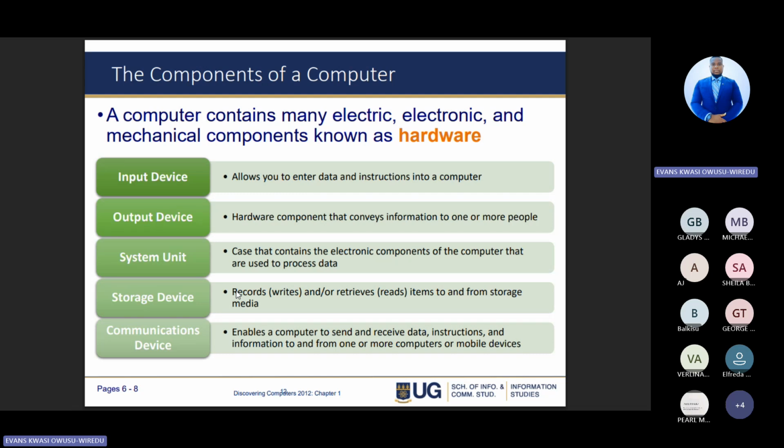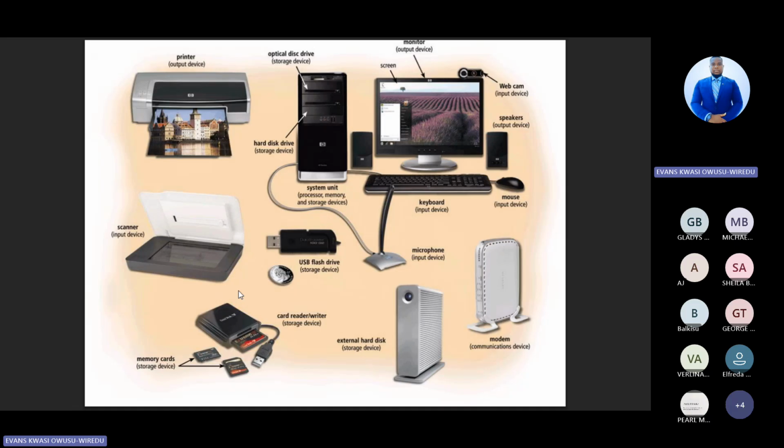But just note that it helps us to communicate with other computers or users of computers. So this has to do with all the components of a computer in its classifications.